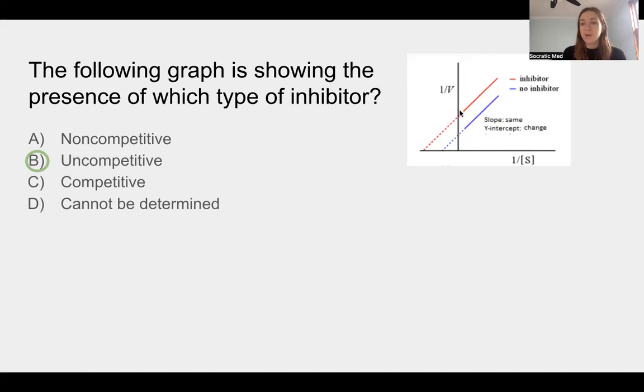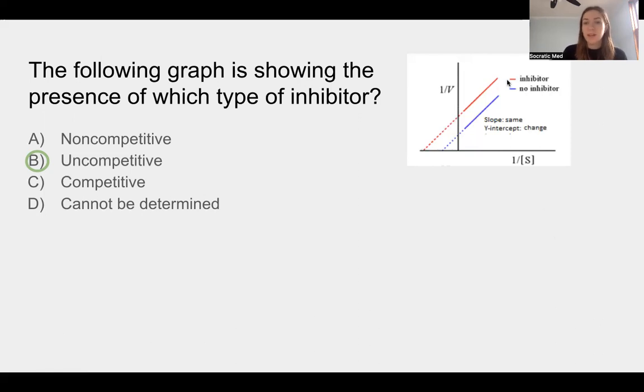With the inhibitor, since this is moving further away from the origin, our Vmax is decreasing. And since it's moving further away from the origin here, our Km is also decreasing. As we just talked about, that was characteristic for uncompetitive. So that is basically how you would figure this one out.